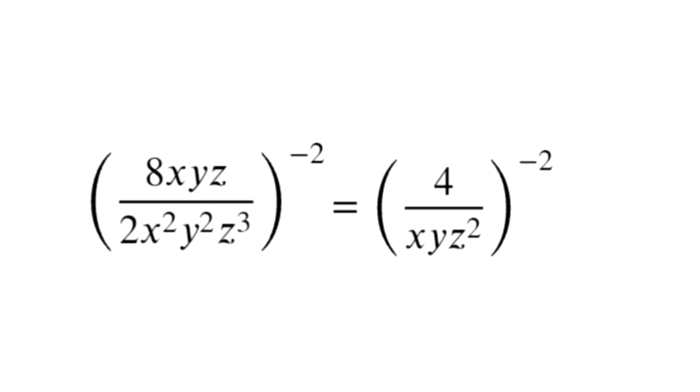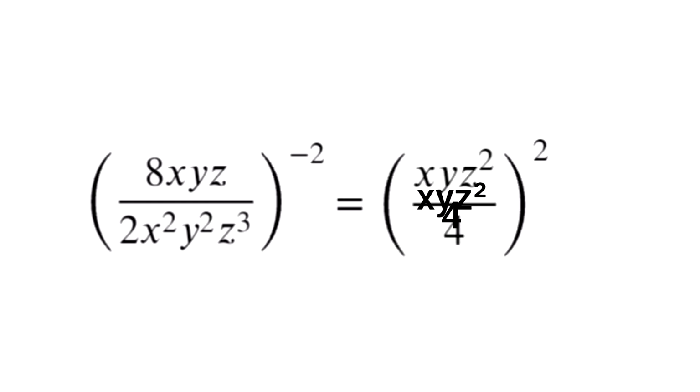So let the denominator be the numerator and the numerator be the denominator. So we have quantity x y g squared over 4 raised to the power 2.